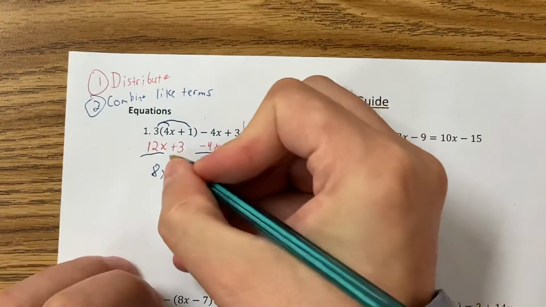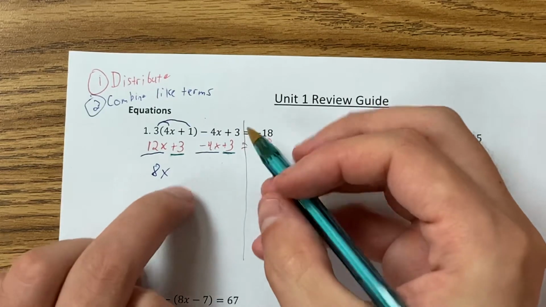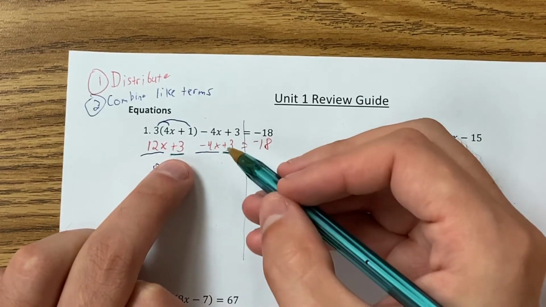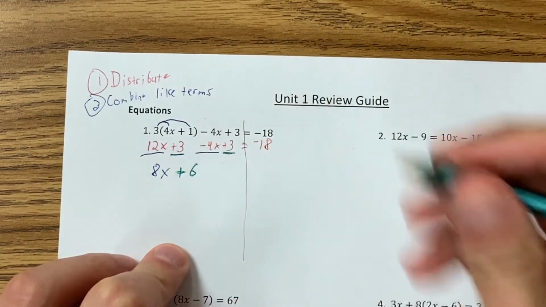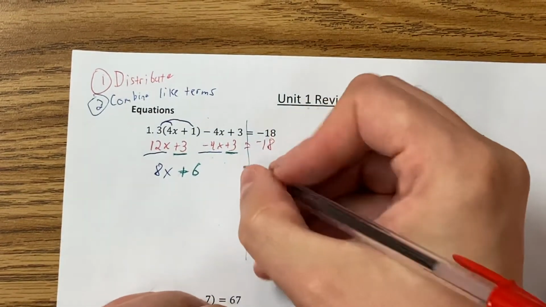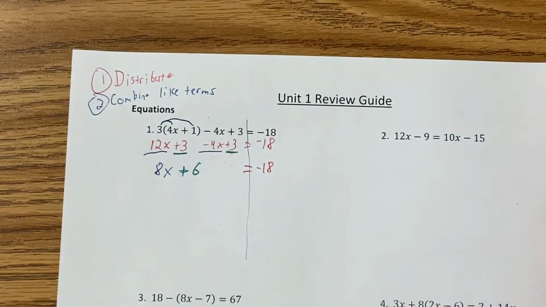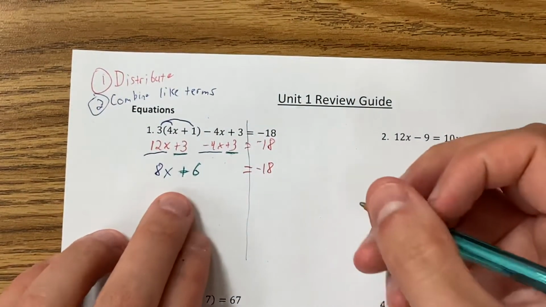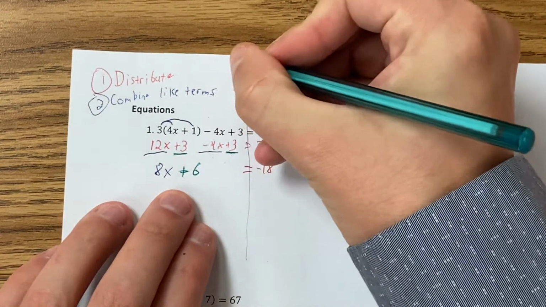And then we have this 3 right here and another 3 right here. So once again, combining like terms, you're just putting them together. 3 and 3 make a positive 6. And this is still equal to negative 18. All right, what would be the third step?